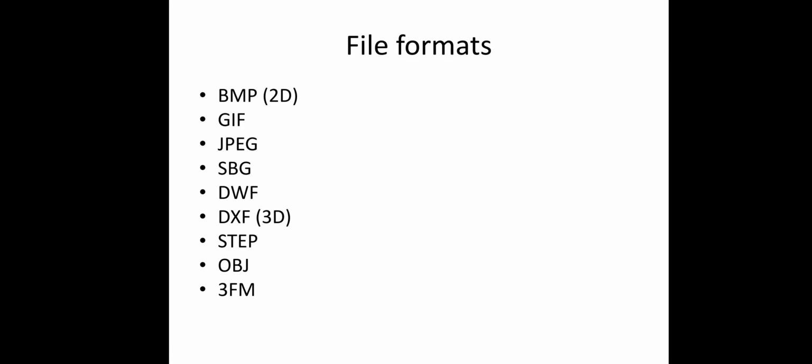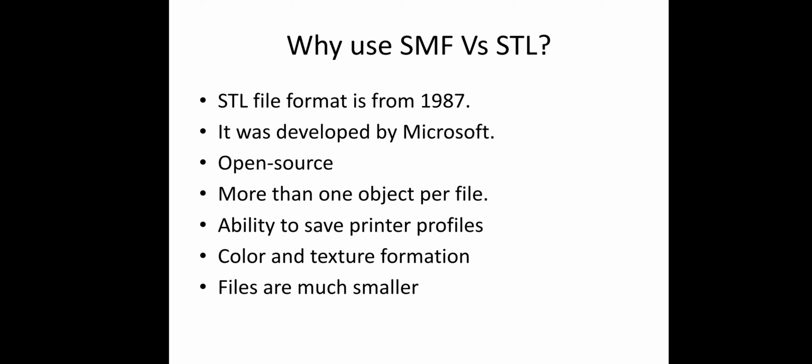Other file formats are BMP, GIF, JPEG, SVG, DWF. These are the 2D file formats. DXF, STEP, OBJ, 3MF are 3D file formats. Now 3MF versus STL.